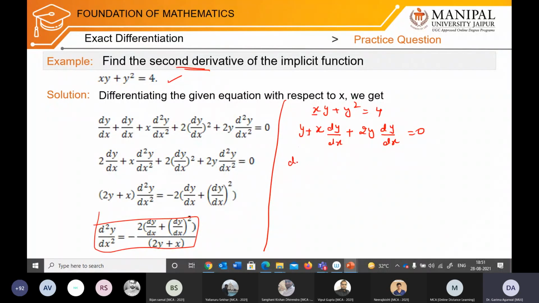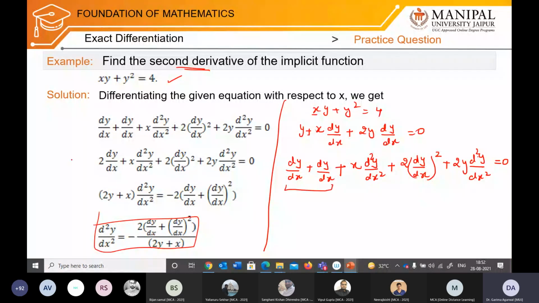So the differentiation of y is dy by dx, plus the differentiation of x is 1, dy by dx will remain unchanged, plus x times the differentiation of dy by dx, which is d2y by dx2, plus 2 times the differentiation of y, which is dy by dx, and this dy by dx is unchanged, so I'll write it as whole square, plus 2y times the differentiation of this term, which will be d2y by dx2, equals 0.